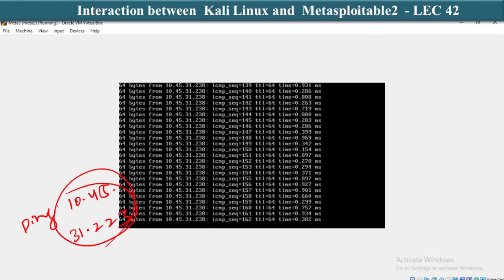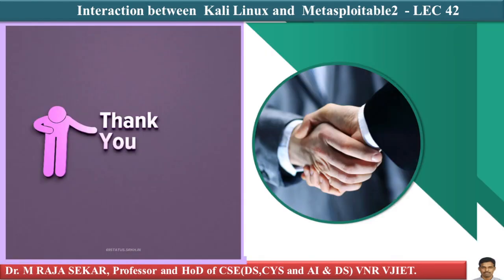This is the Metasploitable2 IP address, pinged from Kali Linux. If I type this from Kali Linux, I will get responses. What does it mean? Now these two machines can interact with each other. Which two machines? Your Kali Linux and Metasploitable2 can interact with each other.